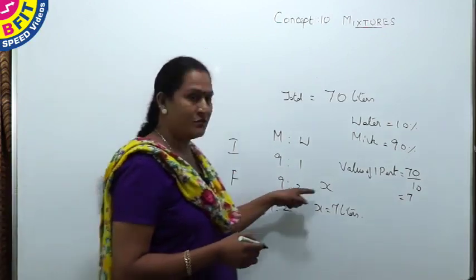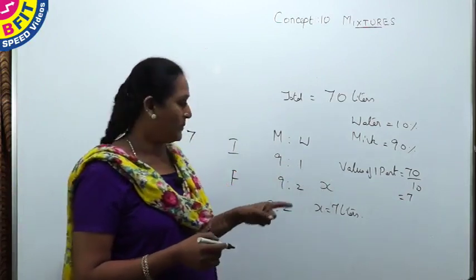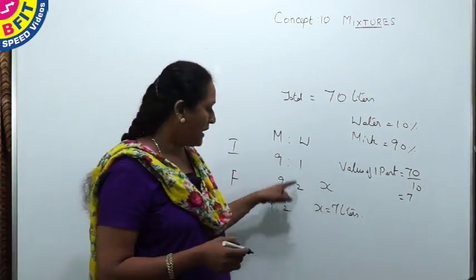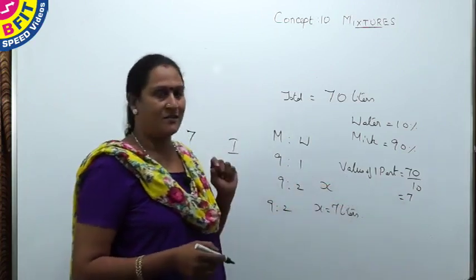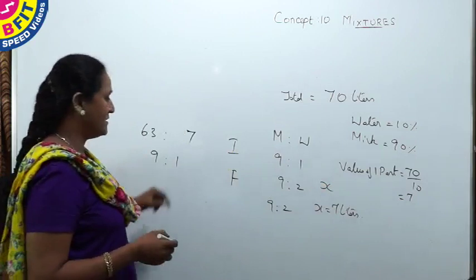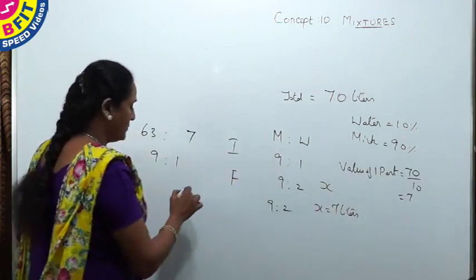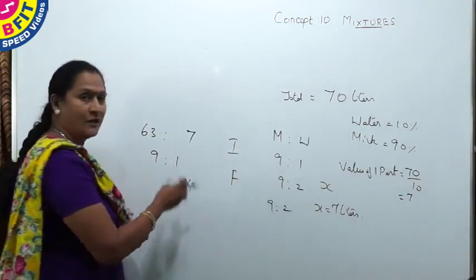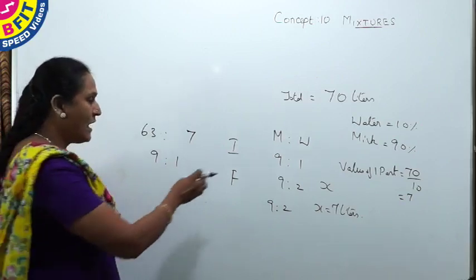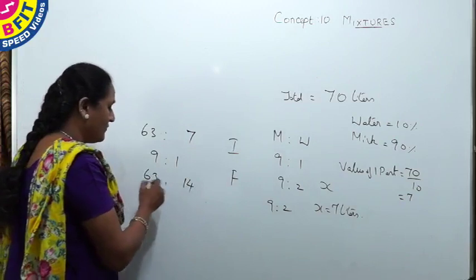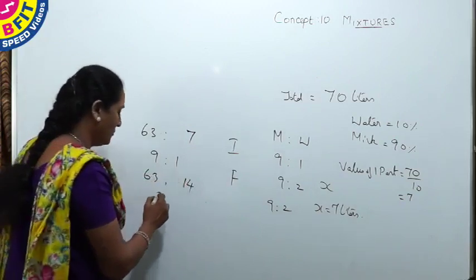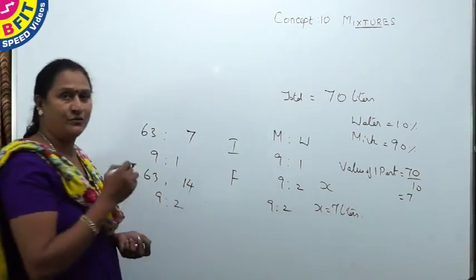And how many liters of water should be added to make the ratio 9:2? So as this is increased by 1 part, the value of 1 part will be the answer here. So initially 7 liters, adding 7 liters of water, the water content becomes 14 liters and milk remains the same, 63 liters. So when simplifying this, you get the ratio 9:2.